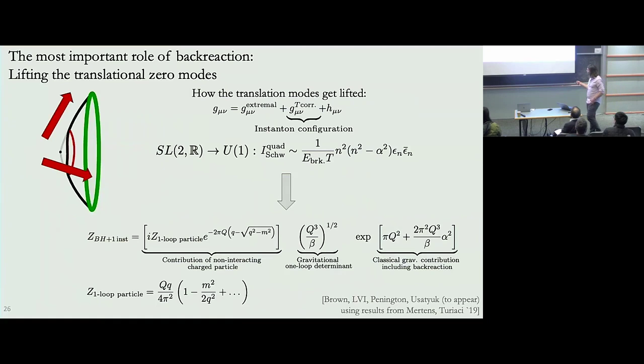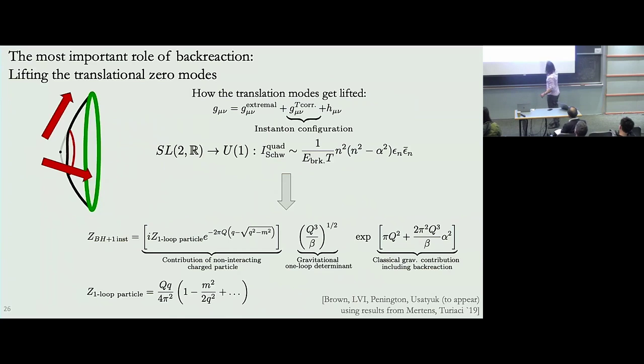So the new partition function of a black hole plus one instanton takes the following form. This answer is completely independent of the temperature of the black hole. You could think about this as the instanton action, and this is its one-loop determinant that doesn't include the fluctuations in the position of the instanton relative to the boundary.